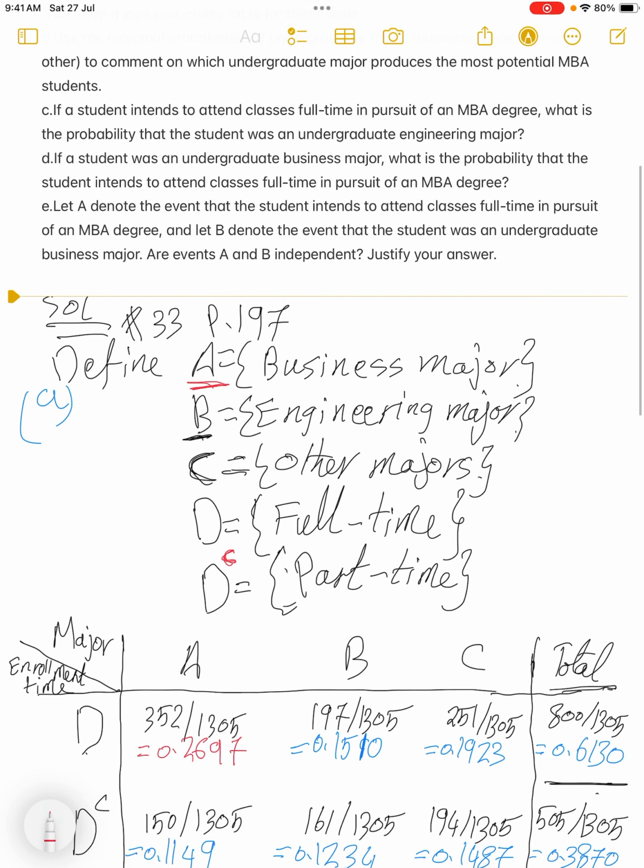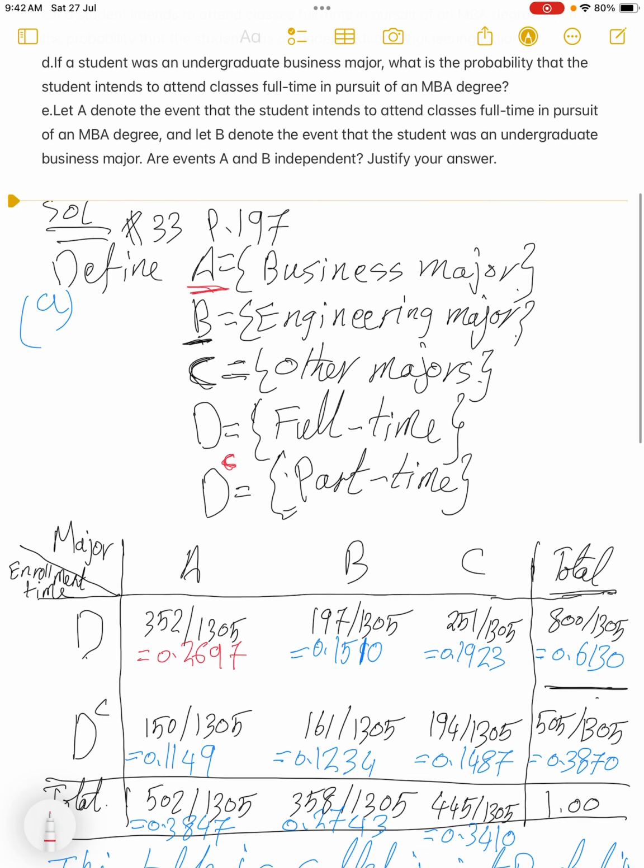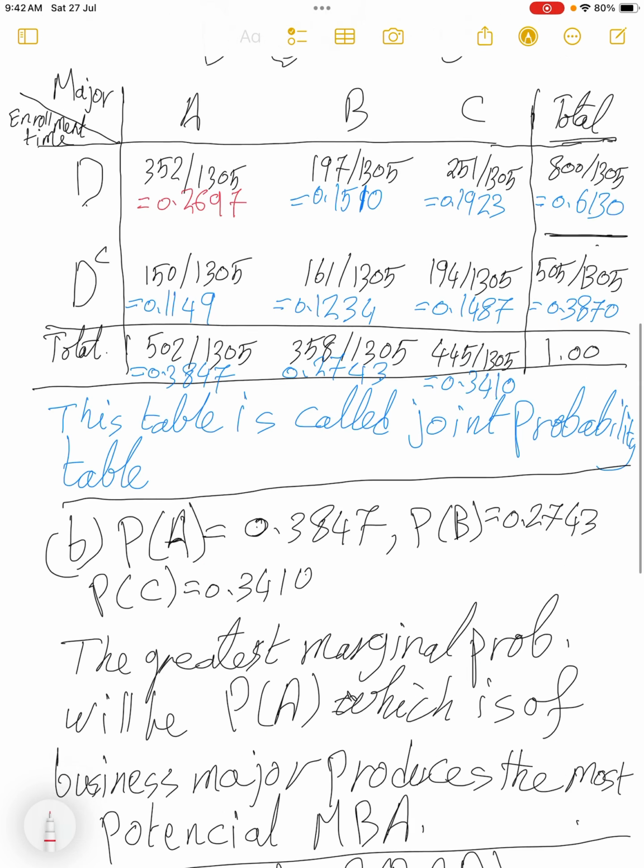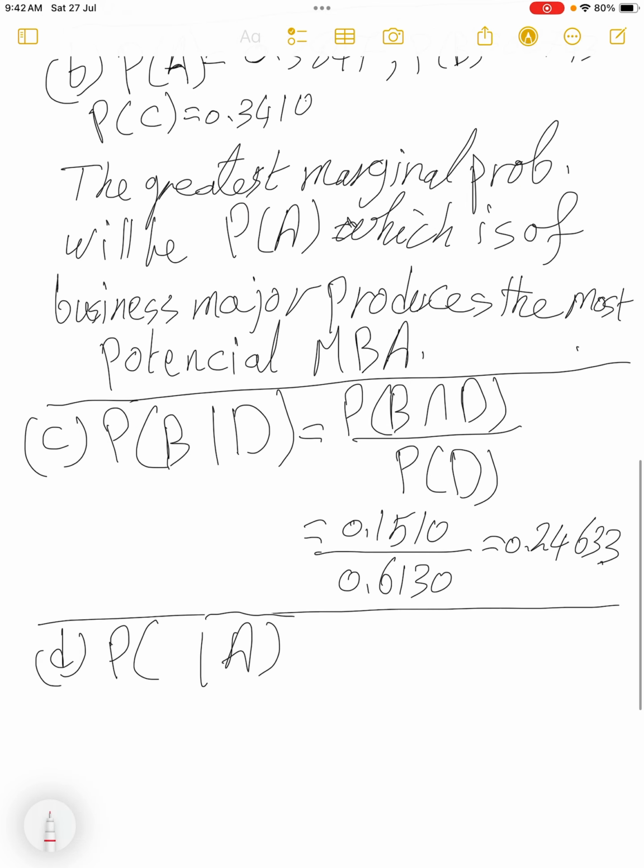If a student was an undergraduate business major, what is the probability that the student intends to attend class full time in pursuit of an MBA degree? Full time, I define it here as D.